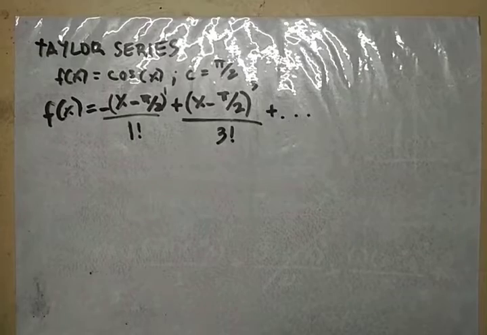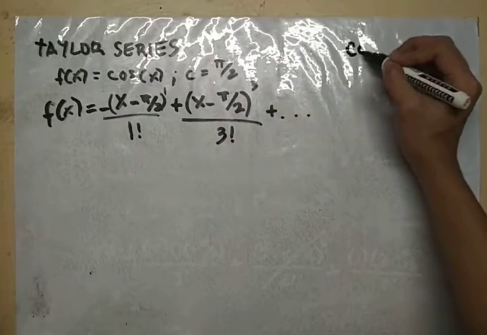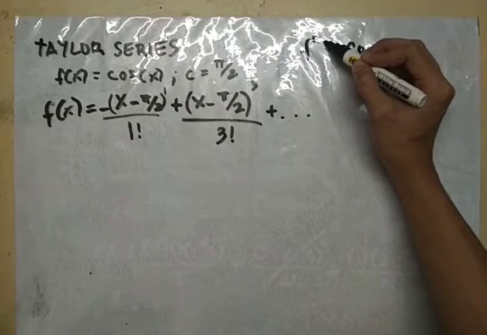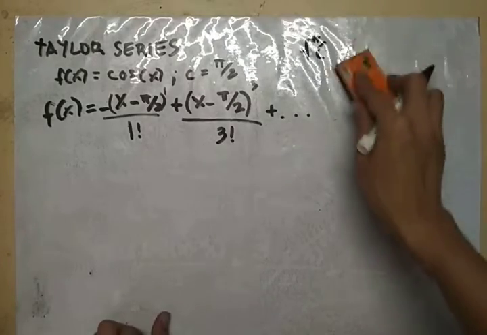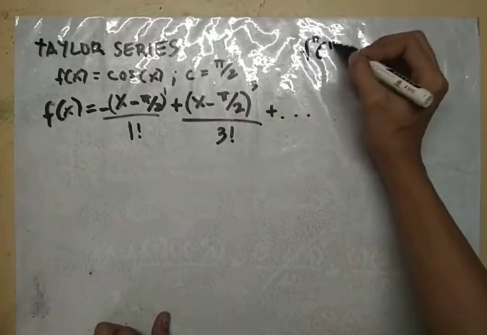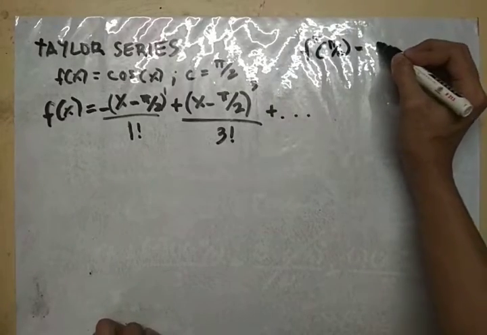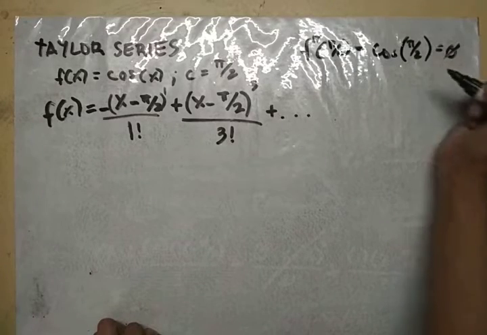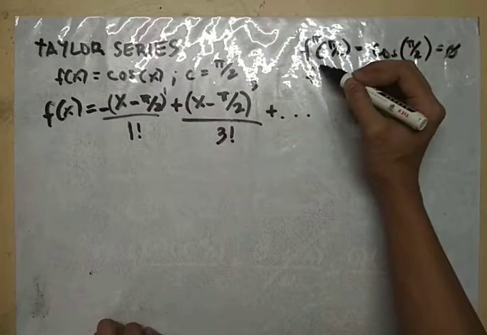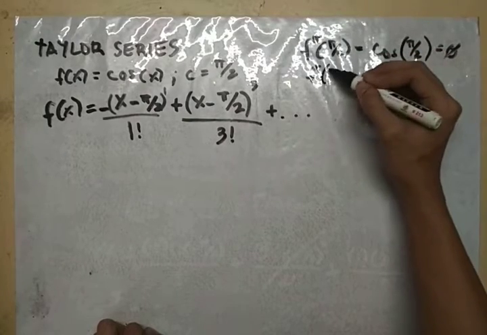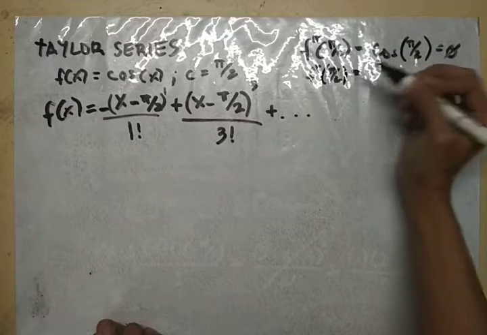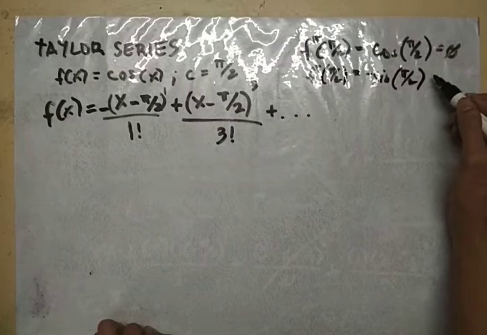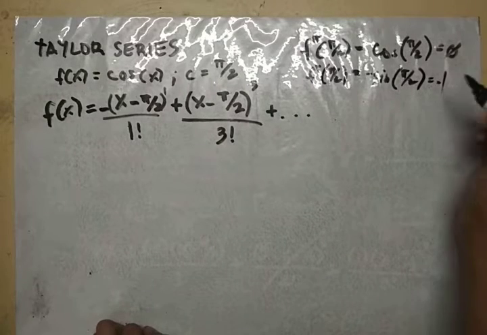Since our fourth derivative, which is the cosine, at pi over 2 is equal to cosine of pi over 2, which is 0, and our fifth derivative, which is negative sine of pi over 2, equals negative 1.